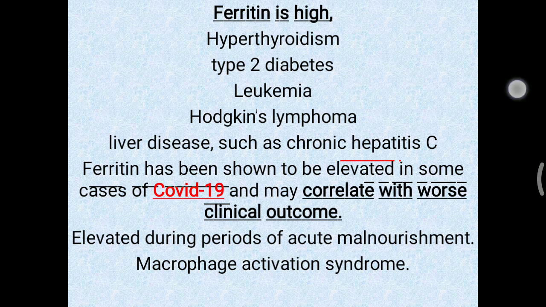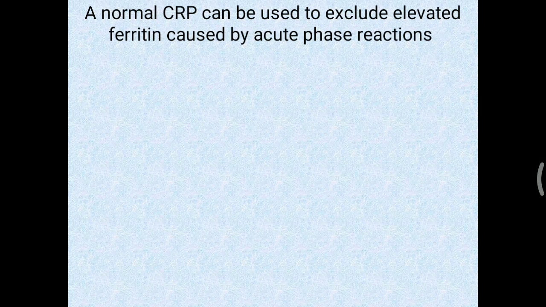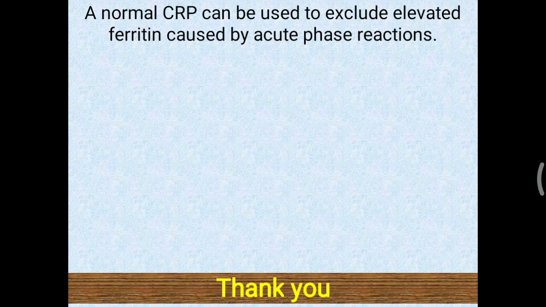Further, a normal C-reactive protein may be used to exclude elevated ferritin caused by the acute phase protein reaction, because C-reactive protein is also an important acute phase protein. So if CRP is normal, then obviously this ferritin is purely showing iron overload. That correlation you have to keep in mind: C-reactive protein and ferritin both can work as acute phase proteins. So that's all about serum ferritin.